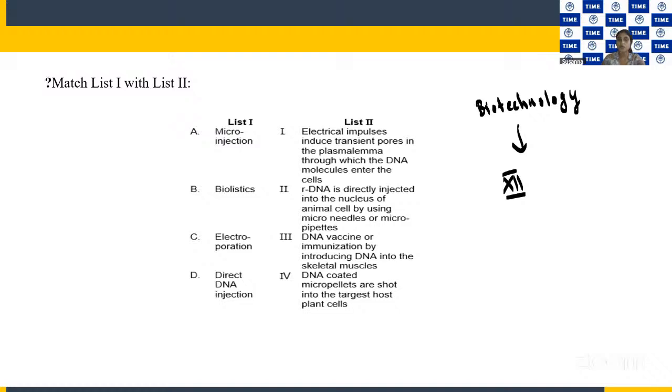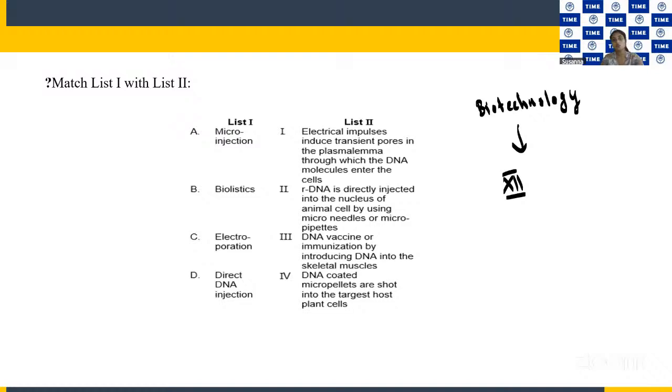The second one is rDNA directly injected into the nucleus of an animal cell by using micro needles or micropipettes. The third one is DNA vaccine or immunization by introducing DNA into the skeletal muscles. Then we have DNA-coated micropellets shot into the target host plants.